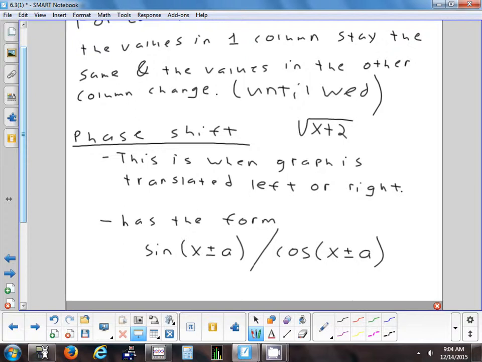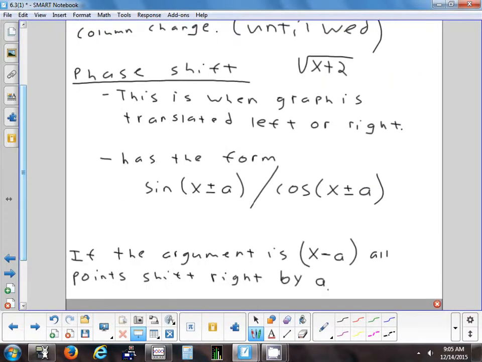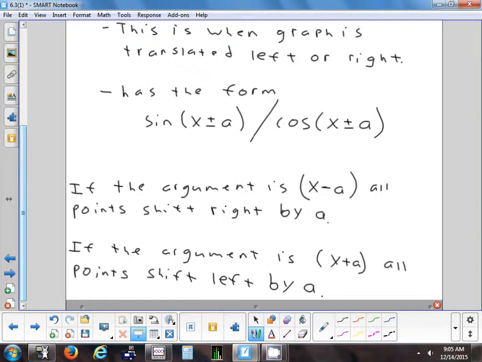Add is going to move left, and minus is going to move right. It's the same rule we've had all year. Everything that has to do with moving or changing the graph horizontally is the opposite of what you would think. When we get into vertical, vertical is exactly what you would think. Plus is up, minus is down. We'll look at that one at the end of today. But this is our phase shift. So if you do minus a value, it shifts right. If you do plus a value, it shifts left.